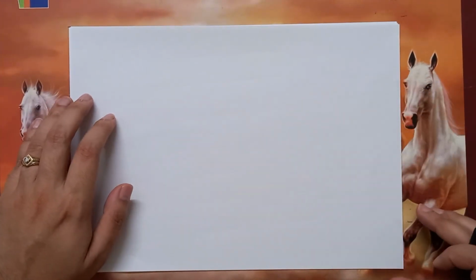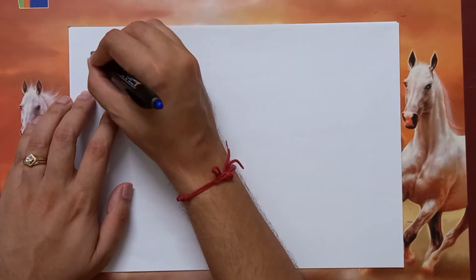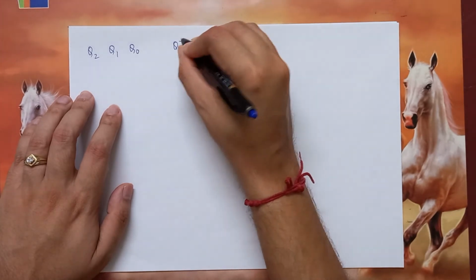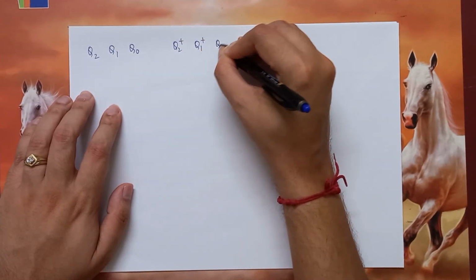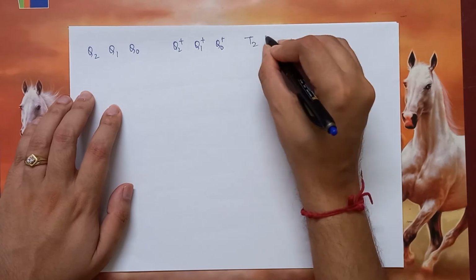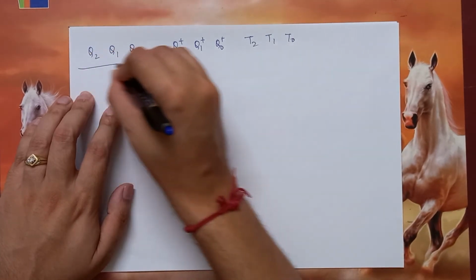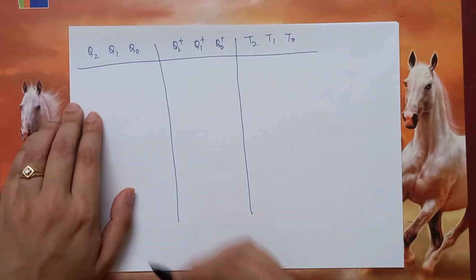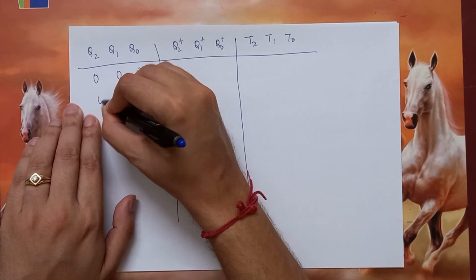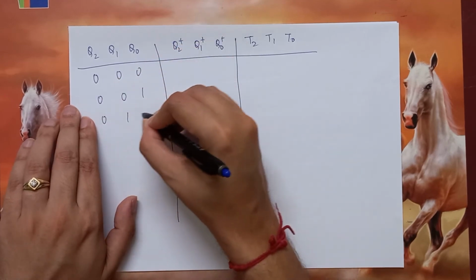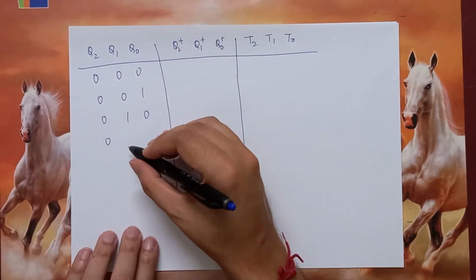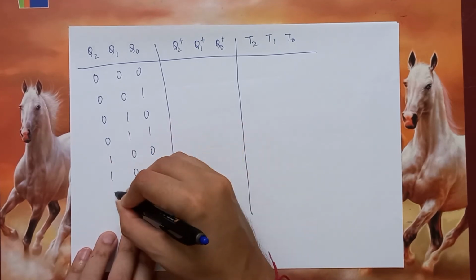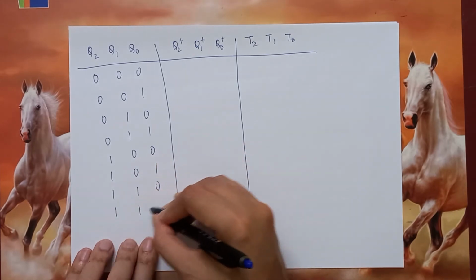Let us now write the table in detail. 0, 0, 0, 0, 0, 1, 0, 1, 0, 0, 1, 1, 1, 0, 0, 1, 0, 1, 1, 1, 0, 1, 1, 1.